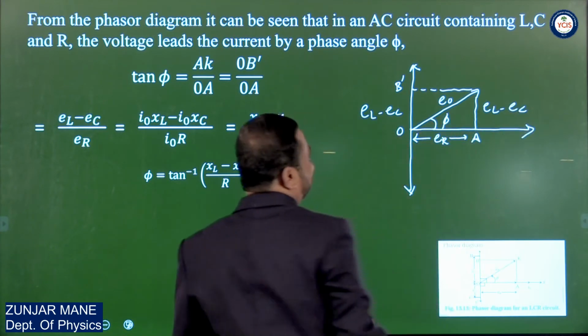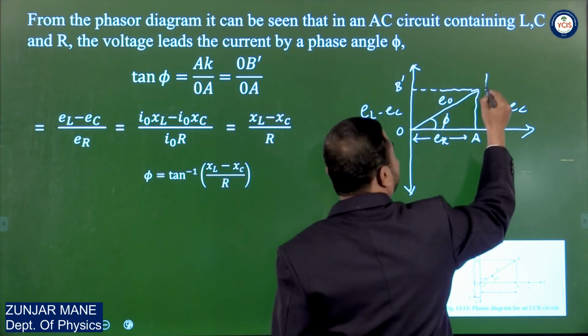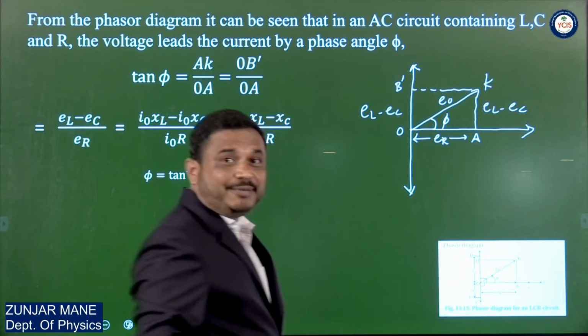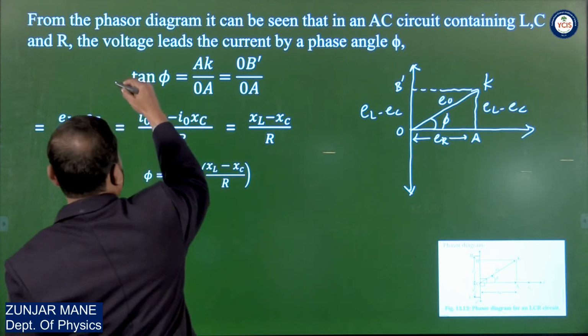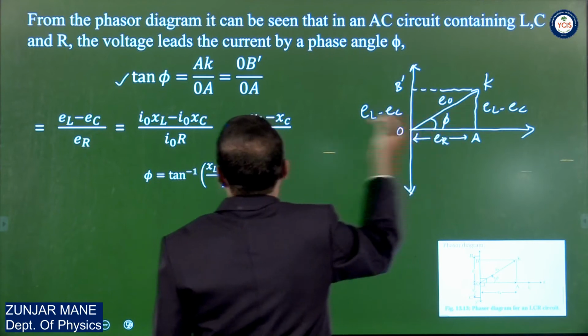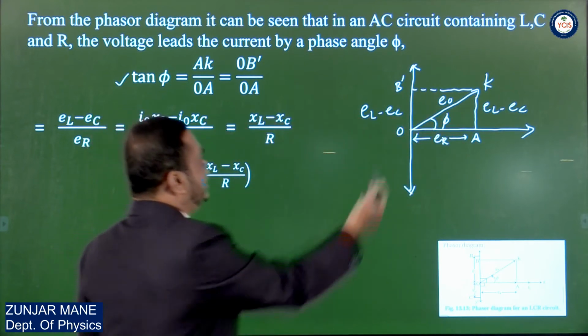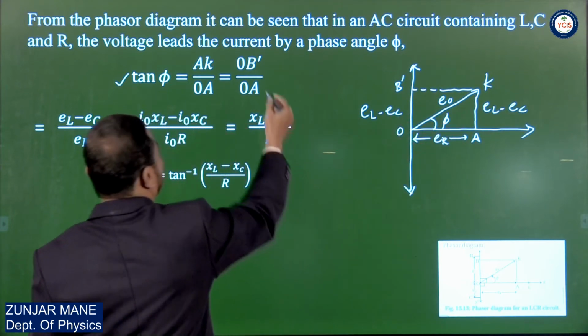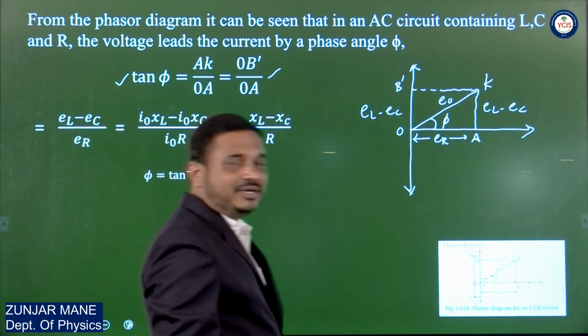In this figure, if we take the value of tan phi, tan phi is equal to the opposite side divided by the adjacent side, that is AK divided by OA, but AK is equal to OB dash, so we have OB dash upon OA.